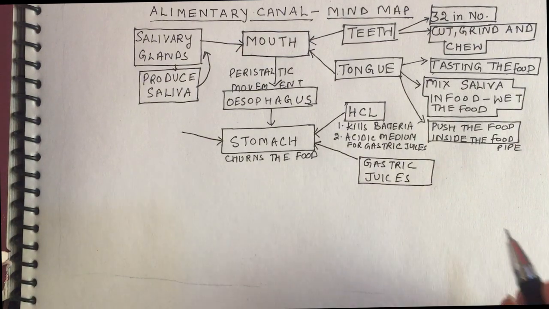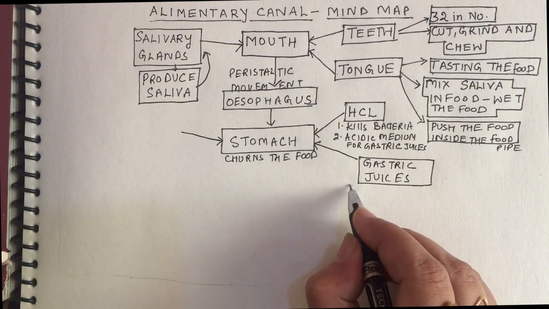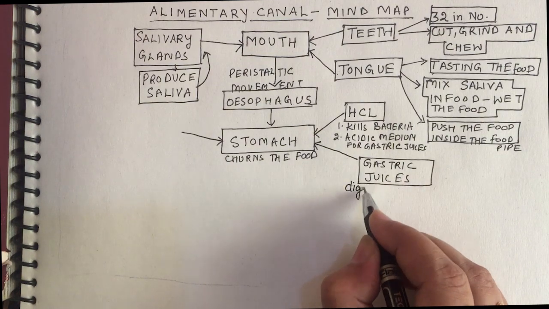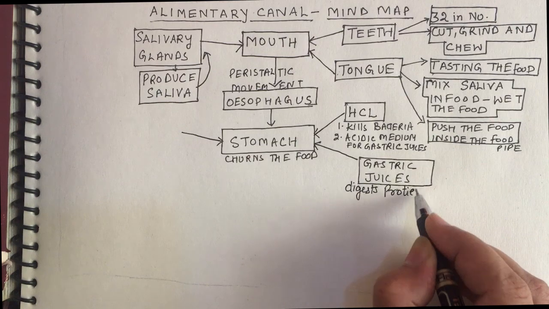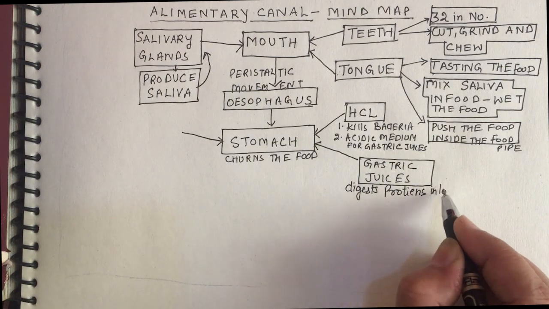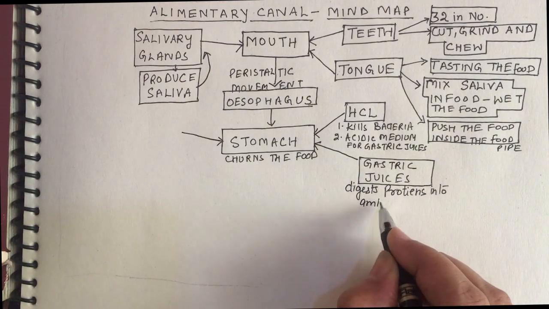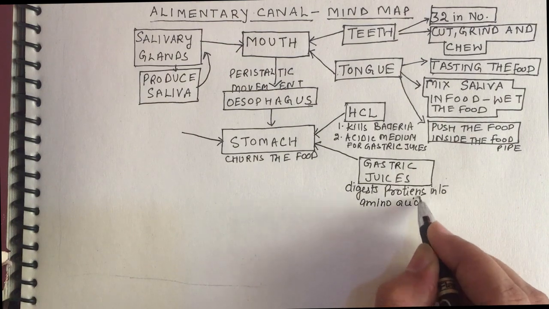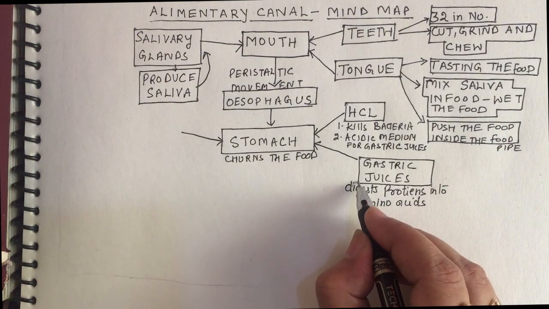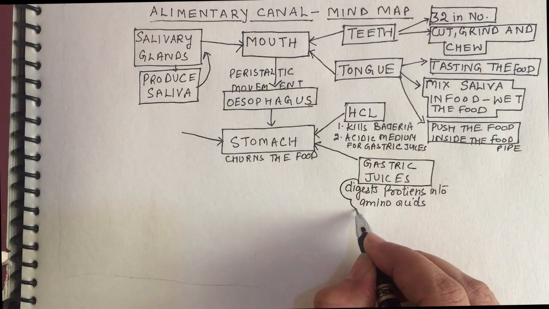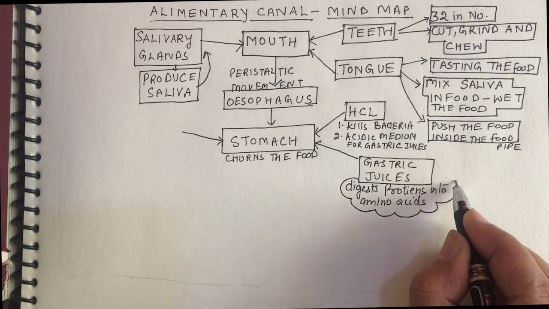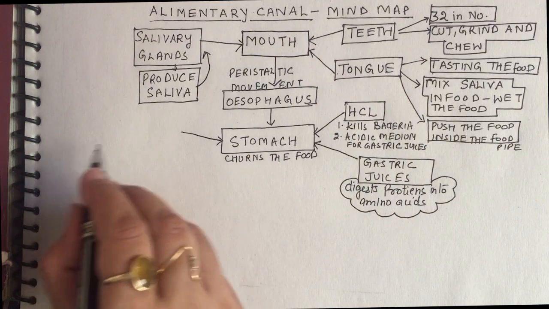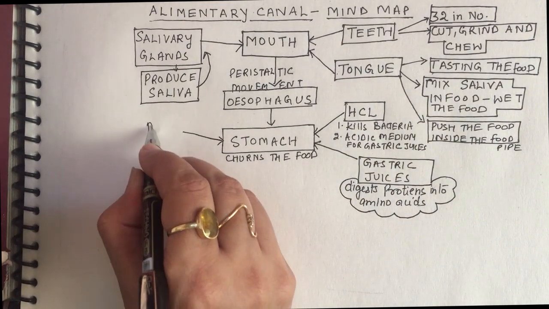Now what the gastric juices do? Gastric juices digest proteins into amino acids. Okay, you can just join it like this. This is the function. Okay, now the third thing is mucus.